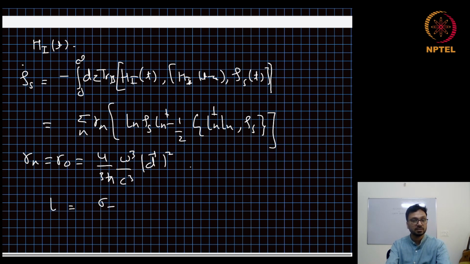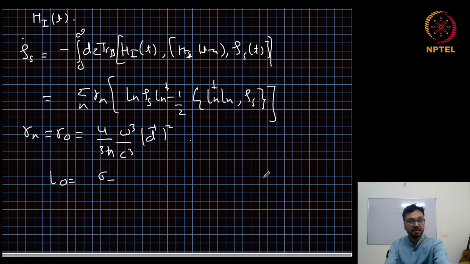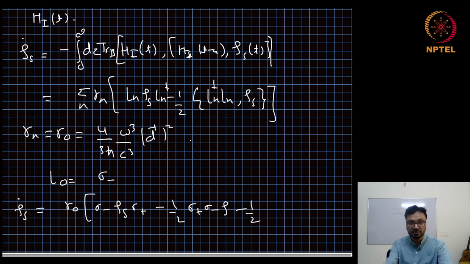There is only one sigma minus, and the Lindblad equation for a two-level atom interacting with the electromagnetic bath in the vacuum state becomes gamma naught times [sigma minus rho s sigma plus minus half sigma plus sigma minus rho minus half rho sigma plus sigma minus].